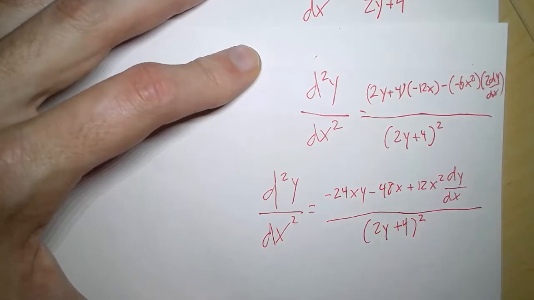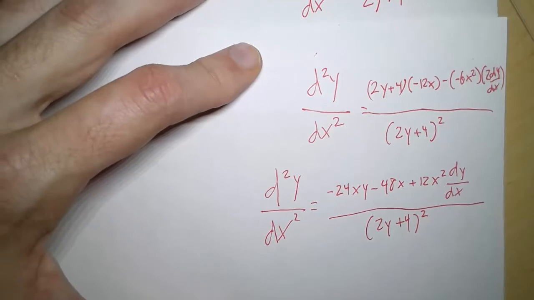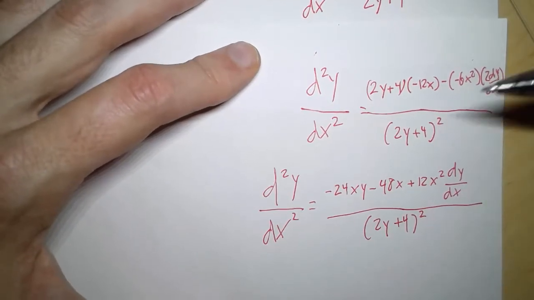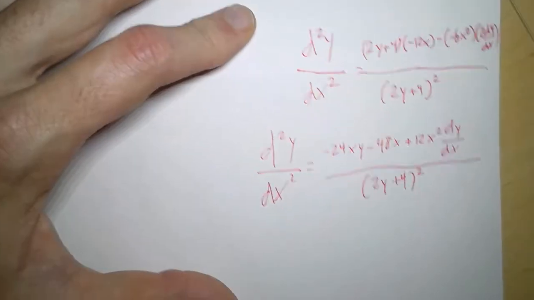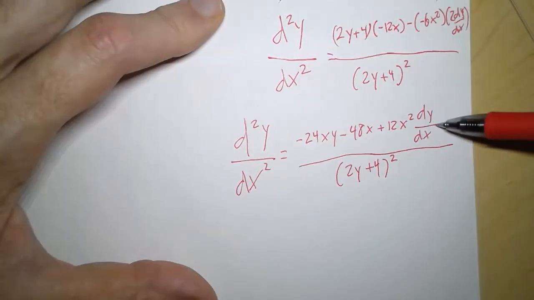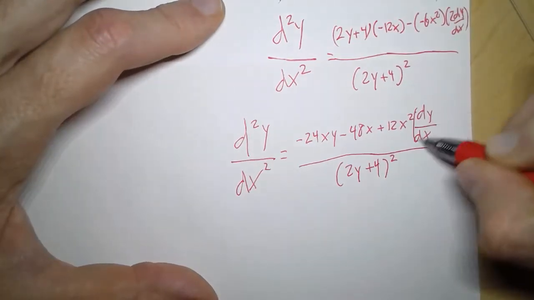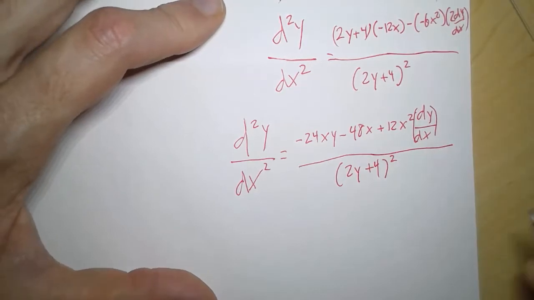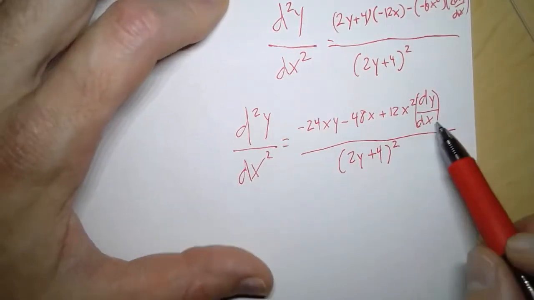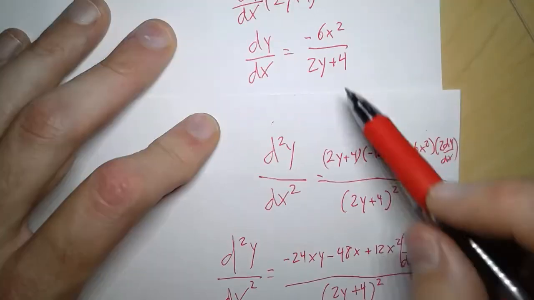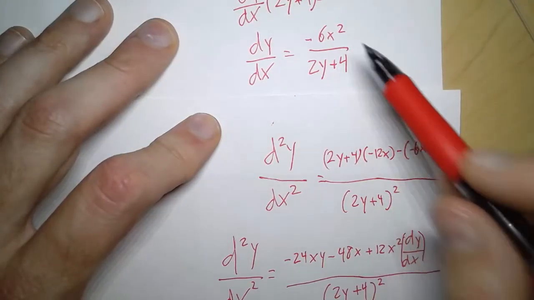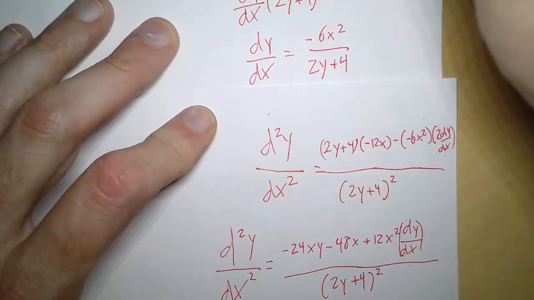Now, more often than not, your teacher will want you to write this exclusively in terms of just x and y, and will not want it written with a dy dx there. So what we'll need to do is replace that with something in terms of x and y. Well, this is what we found up here. We can use this formula and substitute it down here. So that's what we'll do.